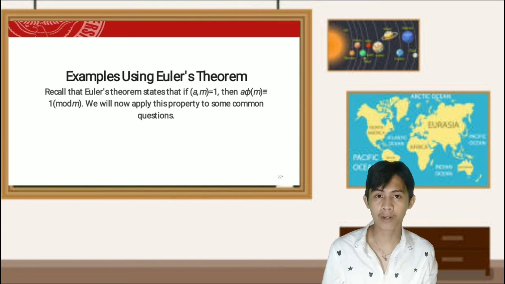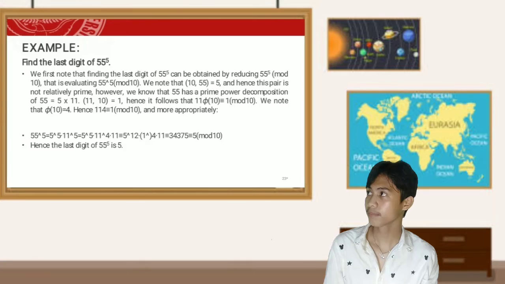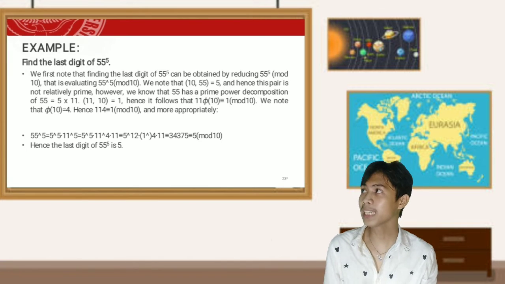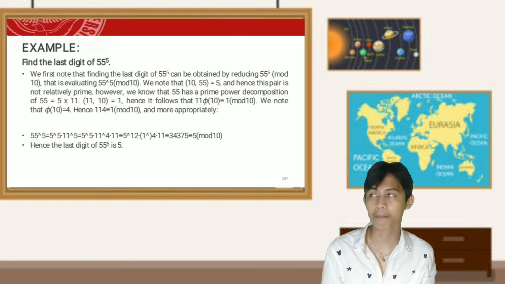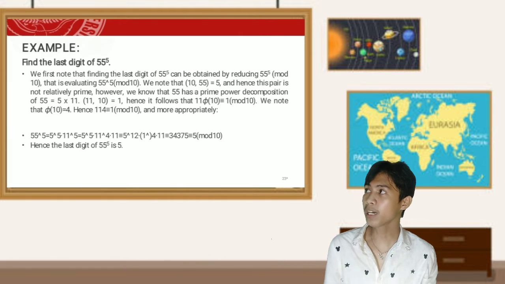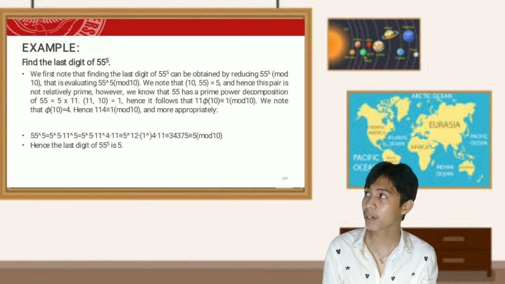So the first example is, find the last digit of 55 to the power of 5. We first note that finding the last digit of 55 to the power of 5 can be obtained by reducing it mod 10, that is, evaluating 55 to the power of 5 mod 10.